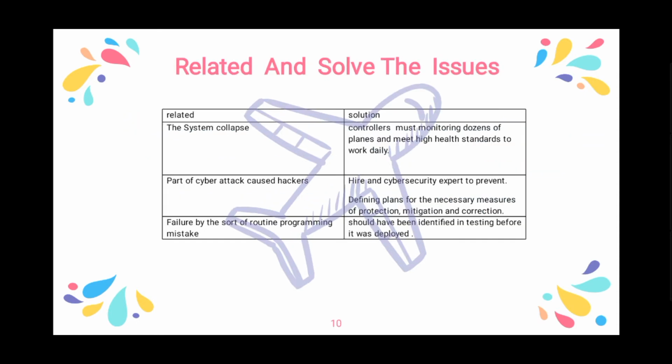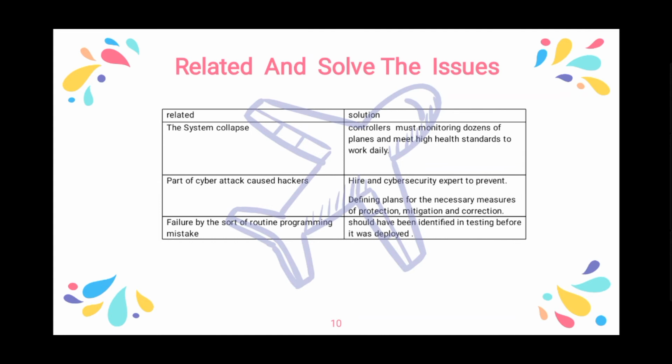For the related issues and solutions, the system collapsed. So the solution is that controllers must monitor dozens of planes and meet high health standards to work daily and efficiently. The second issue is part of a cyber attack caused by hackers.